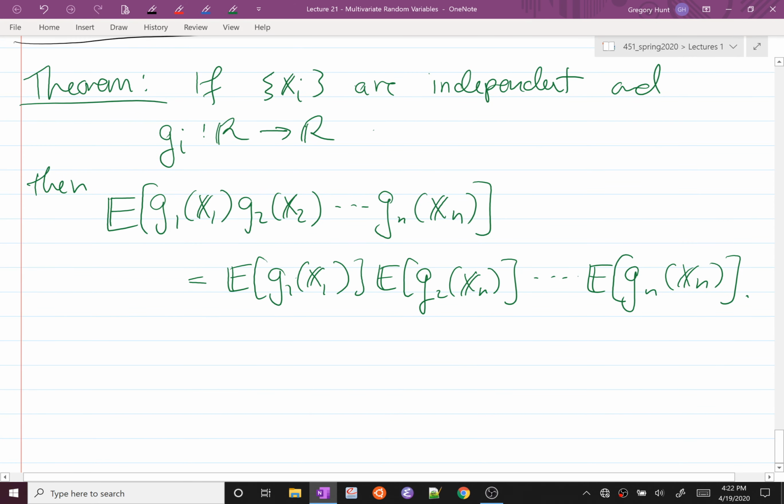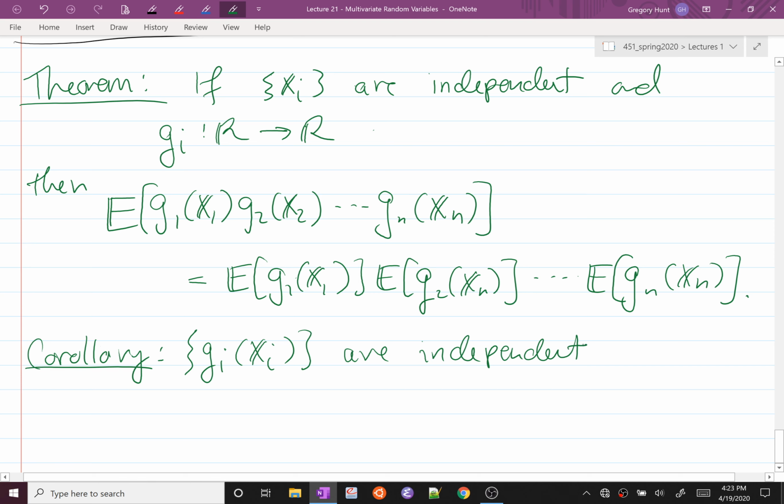And the corollary here, so there are kind of two corollaries. The corollary is that the g sub i of x sub i, this collection, are independent.